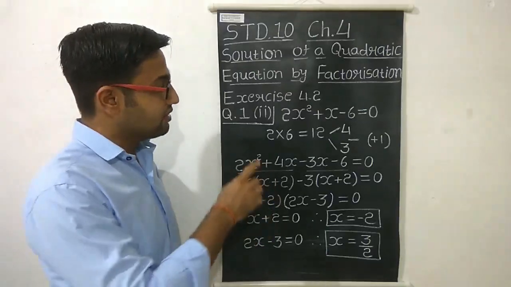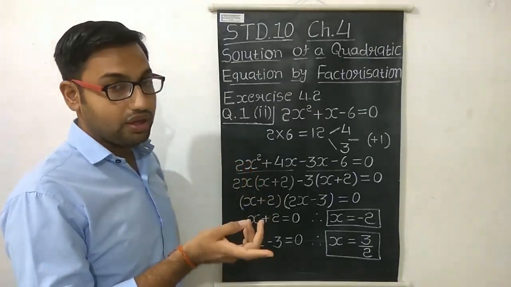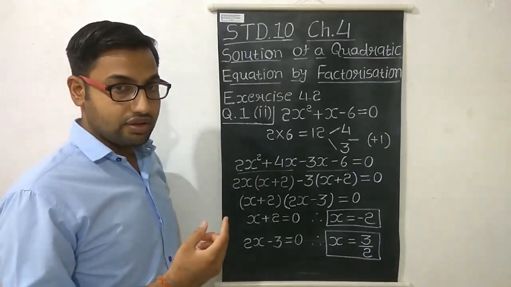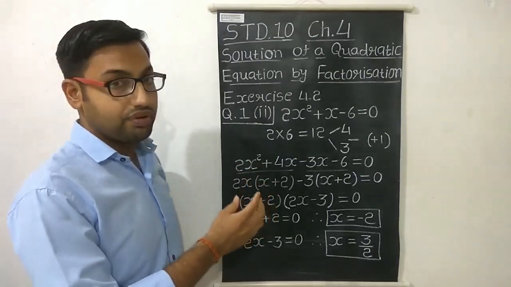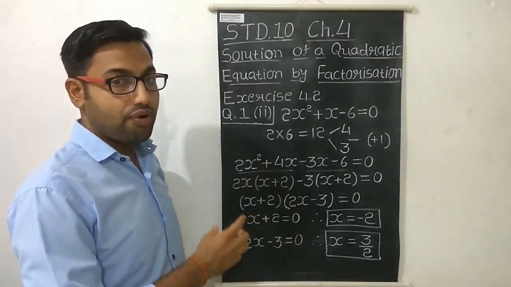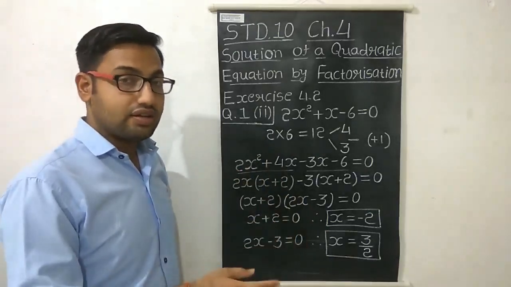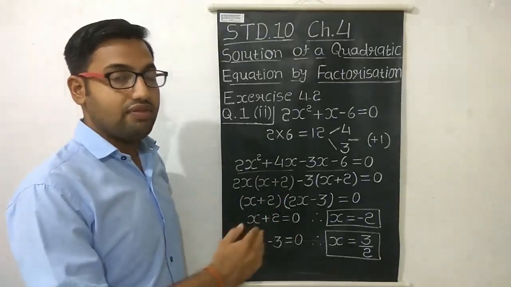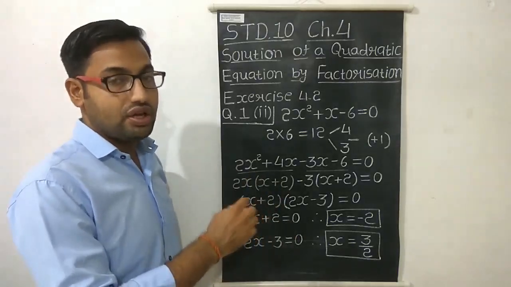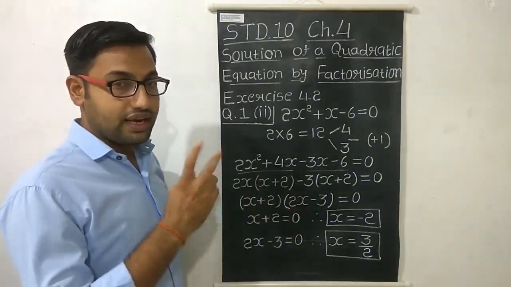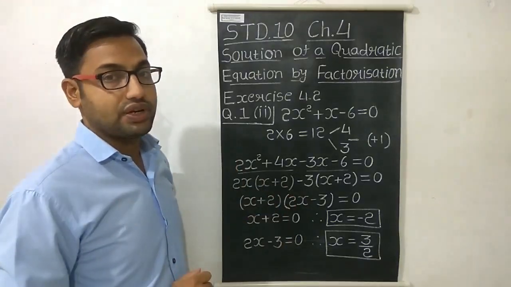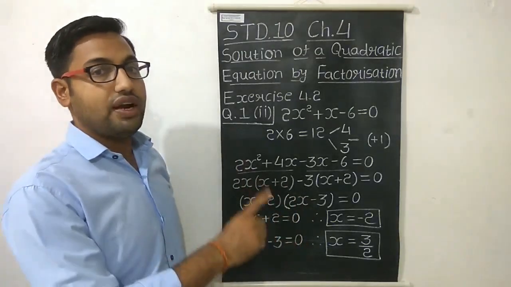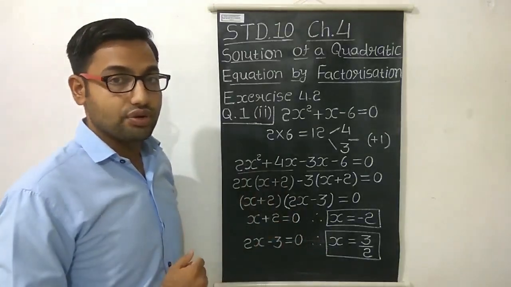As we factorize the quadratic polynomial, it is converted into factors in the linear form, the factors are linear expressions, and then we compare that linear expression with 0. We get two linear expressions in multiplication, and by comparing both linear expressions with 0, we find the two different zeros.